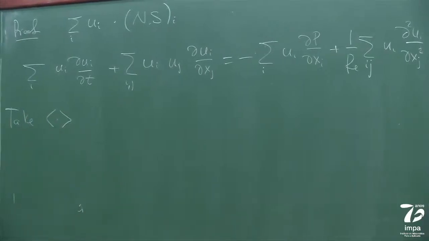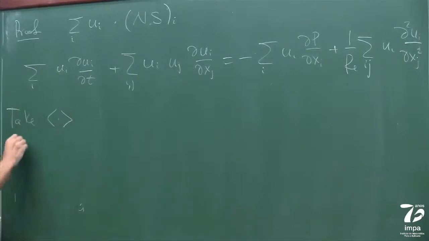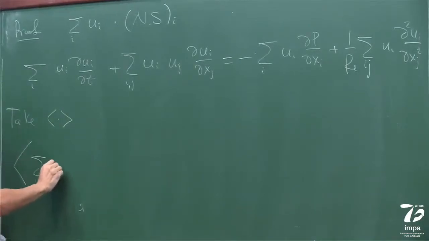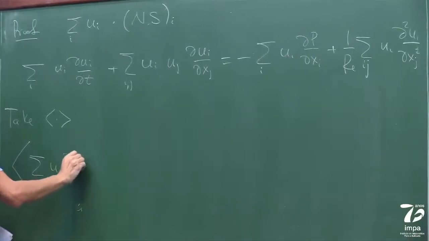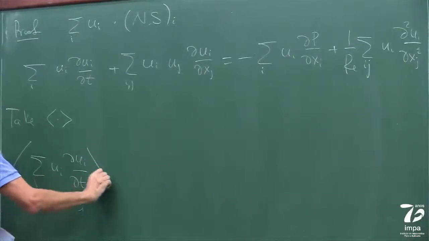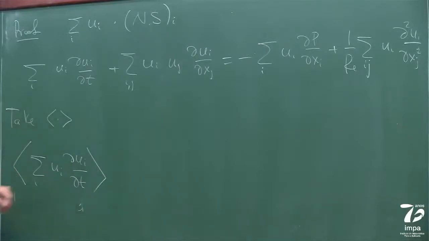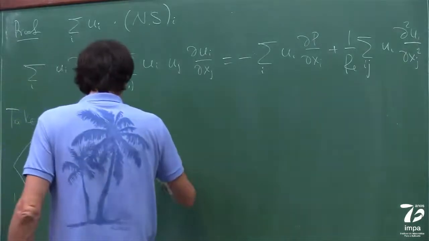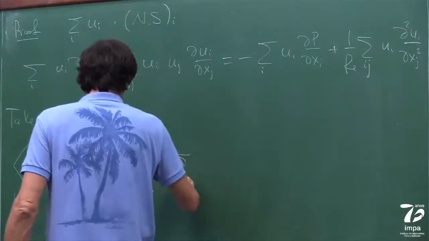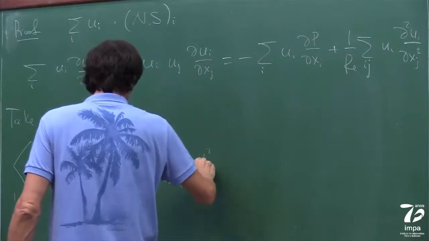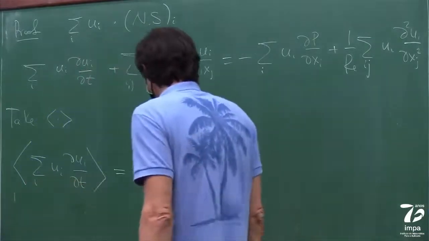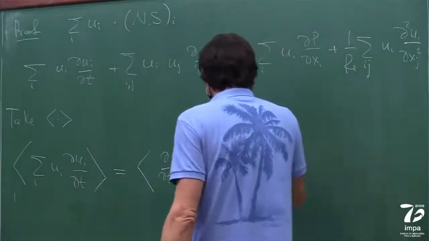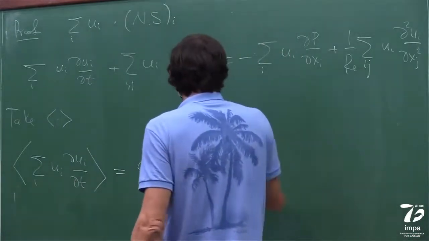We have conditions for averages, and let's take it term by term. So the average of this term: you can already see that this is the derivative of u squared over 2. So this will be d/dt of the average of u squared over 2. Then you can take the derivative outside, and what will be left is energy, right?